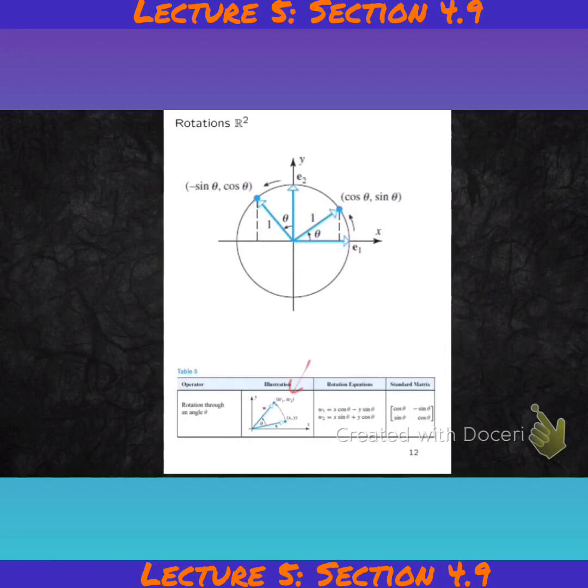And remember, in the previous example, the standard matrix we got, the one that gave me that transformation, is the matrix with cos theta, minus sine theta, and cos theta. And we also derived rotation in the opposite direction, from w1 w2 to xy.